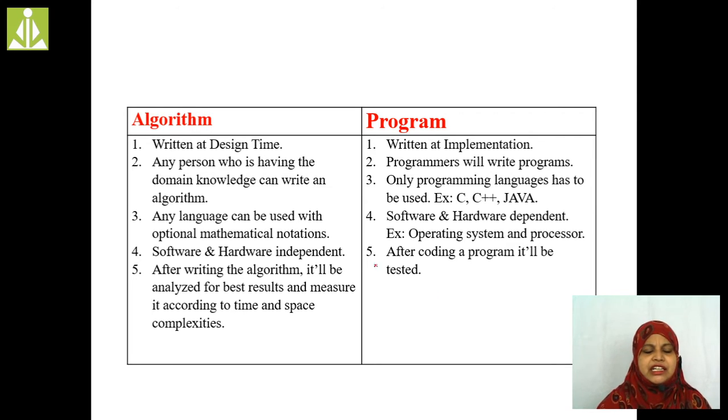Here the first one. What is the first difference between the program and the algorithm? An algorithm is written at design time. While designing a project, at that time we write the algorithm, whereas a program is written at implementation time by the programmer.